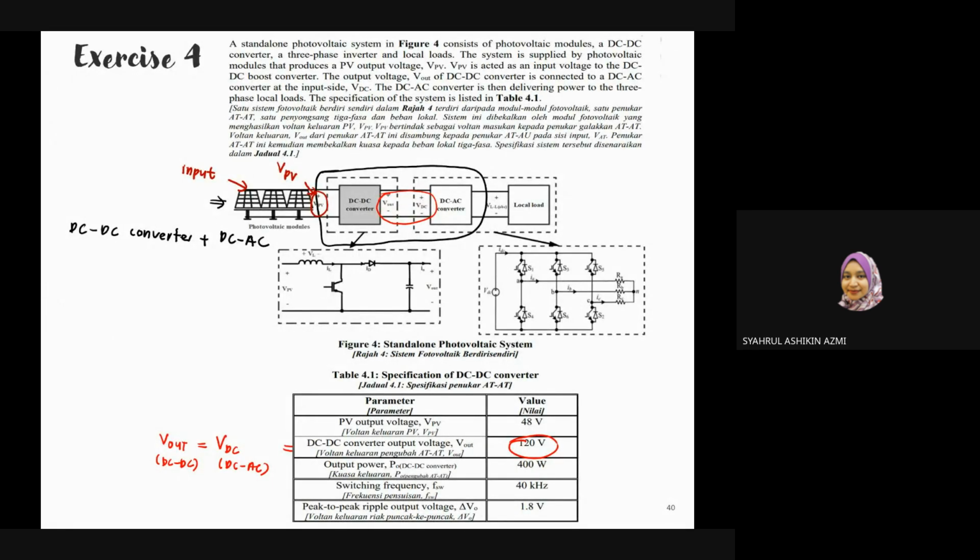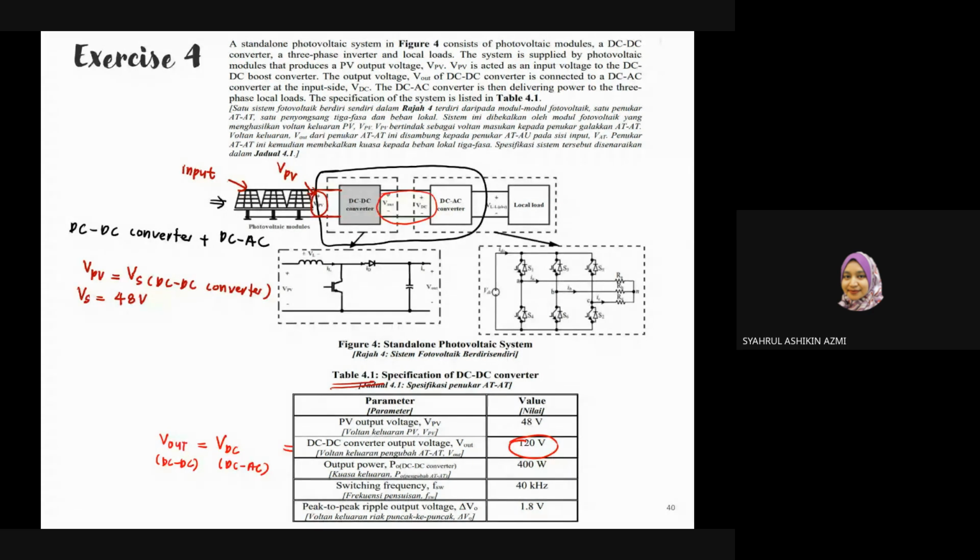That is the output of the PV module, and this VPV is connected directly to your DC to DC converter, which is your VPV will be equal to your input voltage or source voltage of your DC to DC converter. If you refer to table 4.1, PV output voltage is 48 volt. So your input voltage of your DC to DC converter is 48 volt.